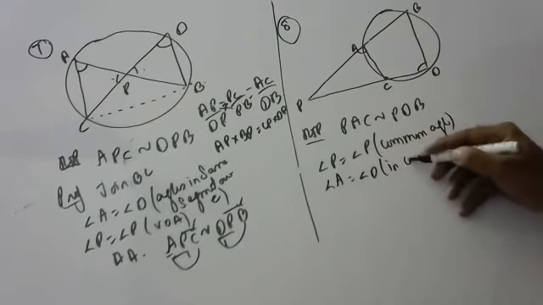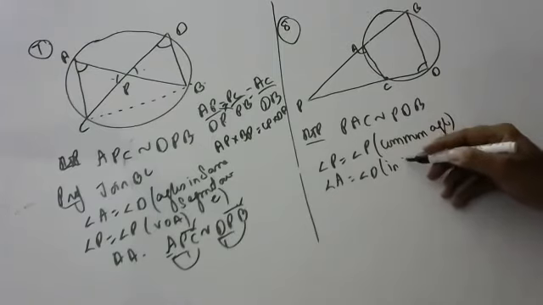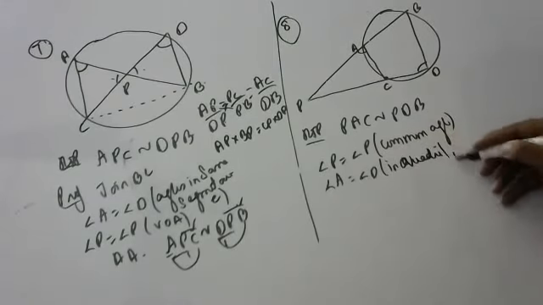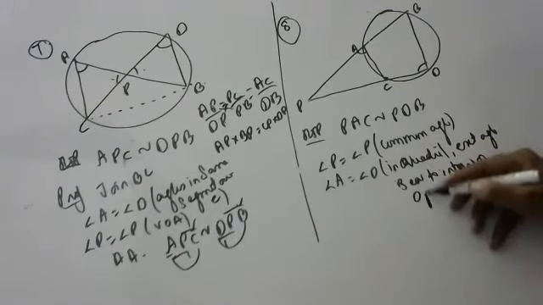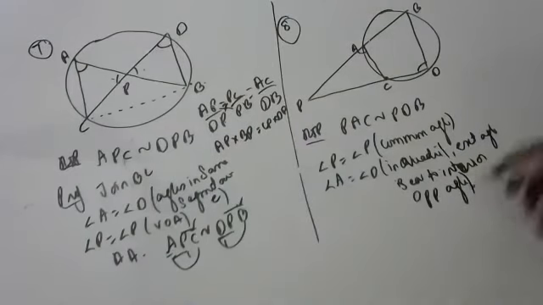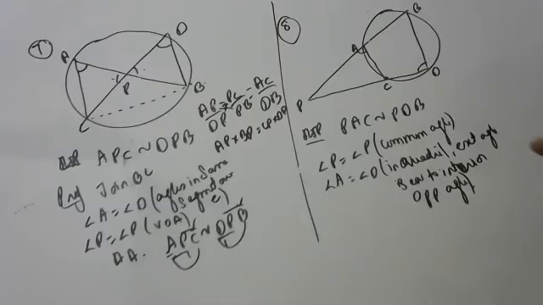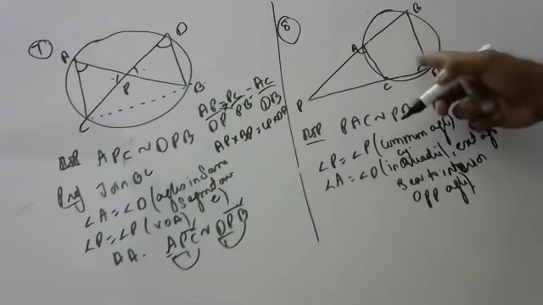In a cyclic quadrilateral, the exterior angle is equal to the interior opposite angle.